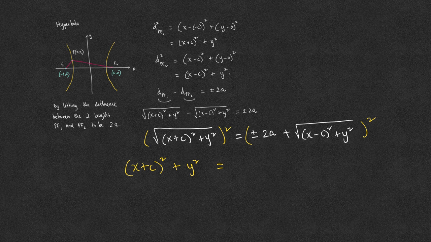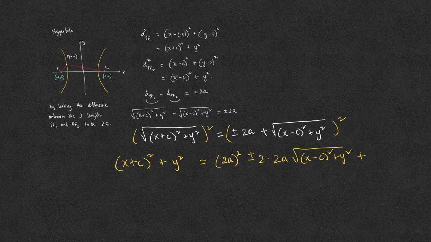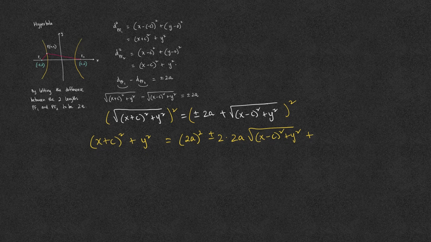The right-hand side is now plus or minus 2a squared minus or plus 2 times 2a times the square root of x minus c squared plus y squared, plus the last term squared, which is x minus c squared plus y squared, because the square root and the squared cancelled out.